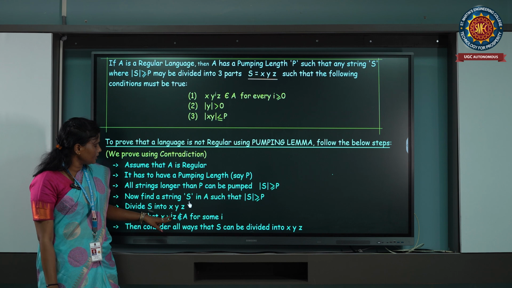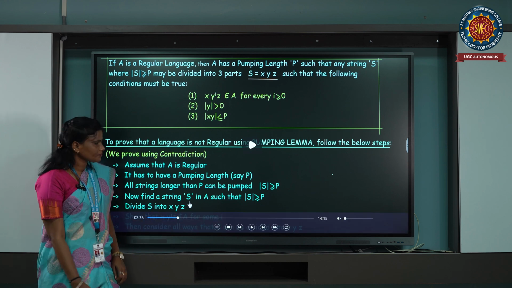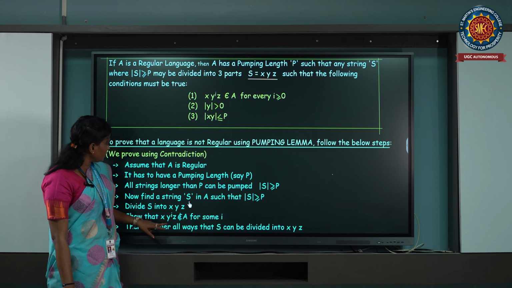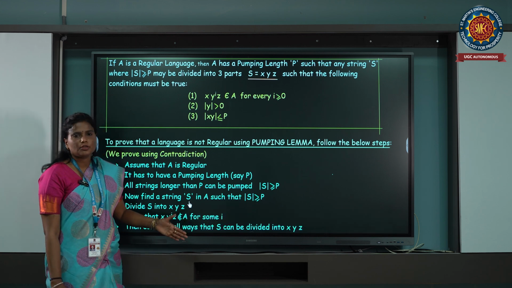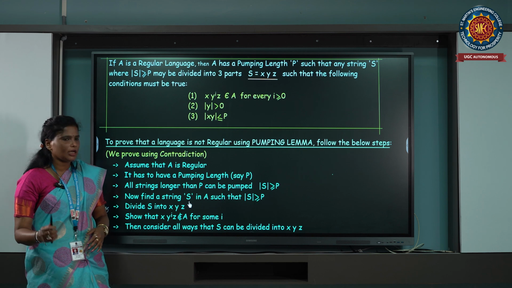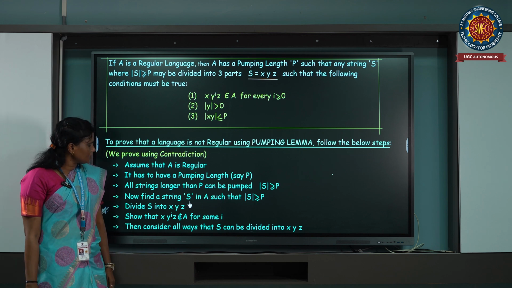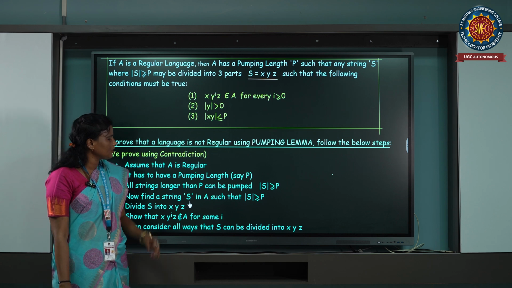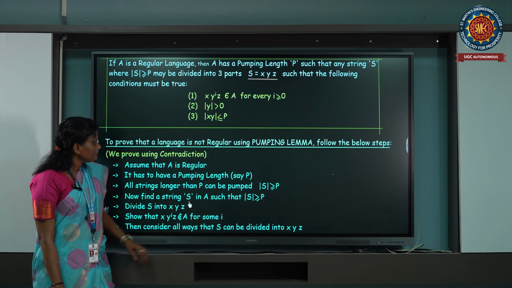So we'll put that i's value from 0 to 1. After that, we'll check that the string should not belong to that regular language, whatever the language we are taking. Then consider all ways that S can be divided into X and Y.